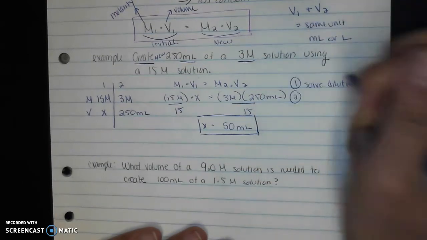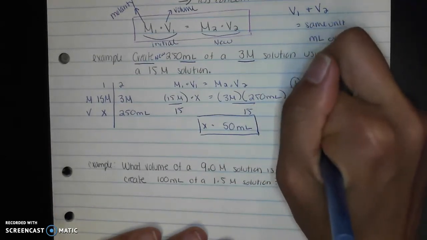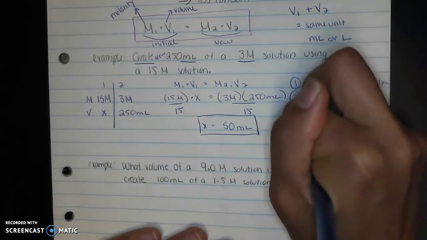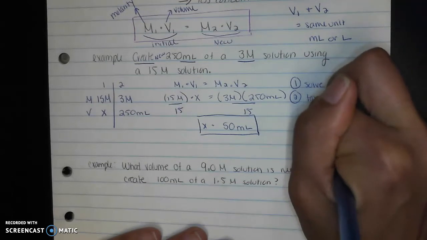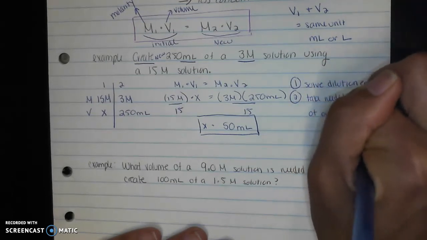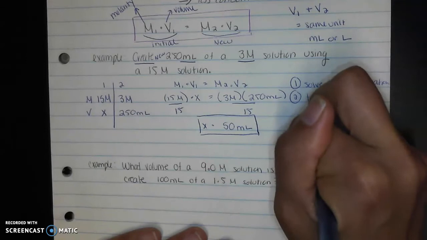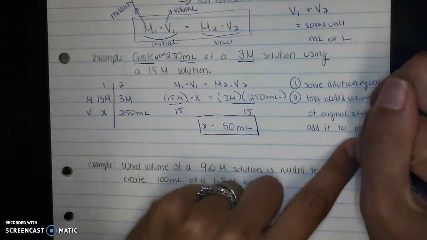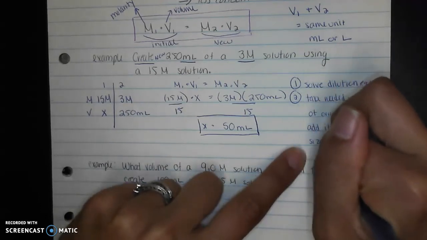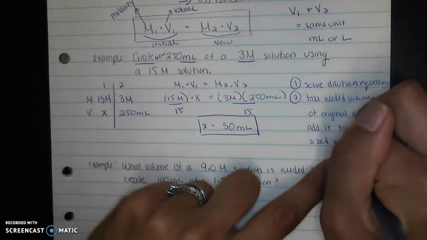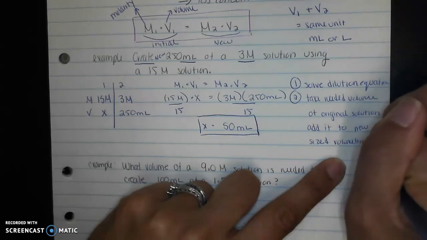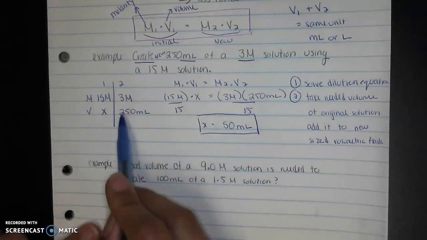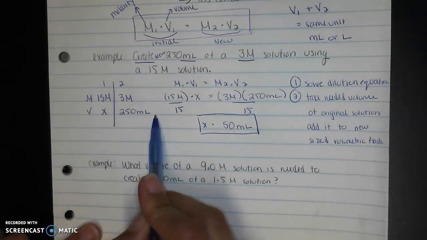Step 2 is to take the needed volume of original solution and add it to the new sized volumetric flask. So we take 50 milliliters and we're going to put it into a flask that measures 250 milliliters.